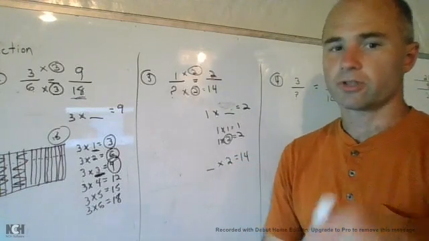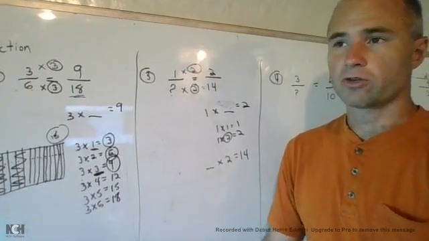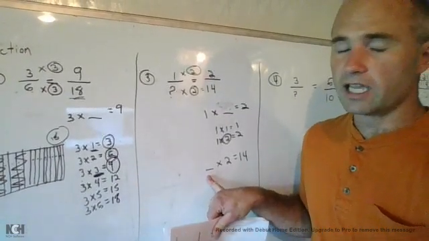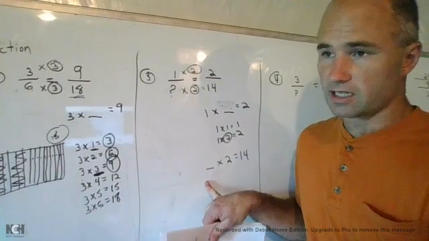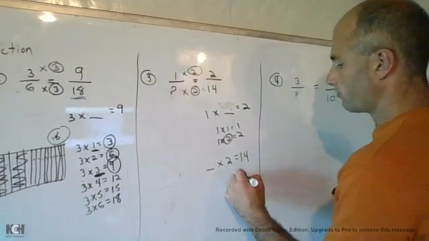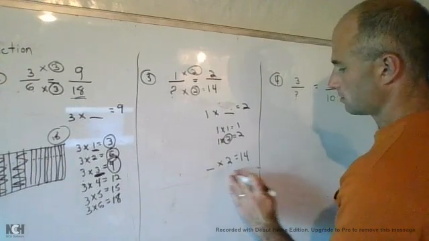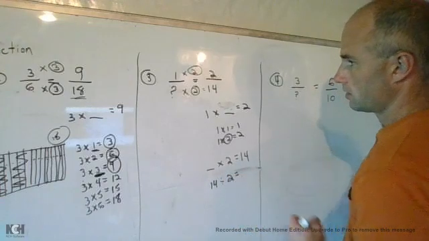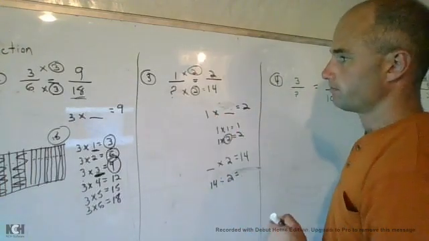Well, what's the inverse? If we're missing this number here, we need to do the inverse of multiplication to find our missing factor. So I'm ultimately going to do 14 divided by 2 to find out what that is.